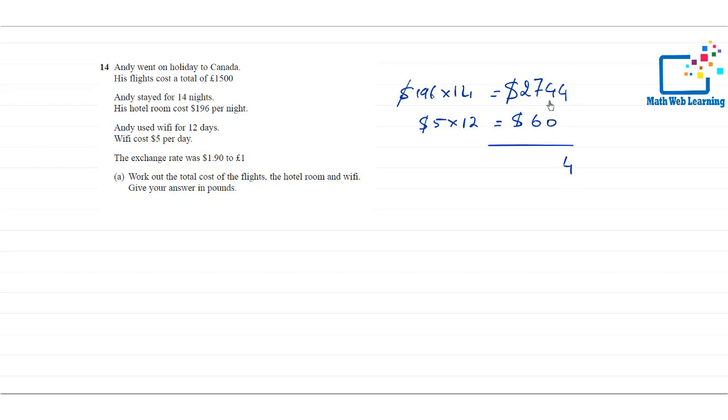So the cost of the hotel and the Wi-Fi is $2,804. We need to divide it by $1.90 to convert it into pounds.